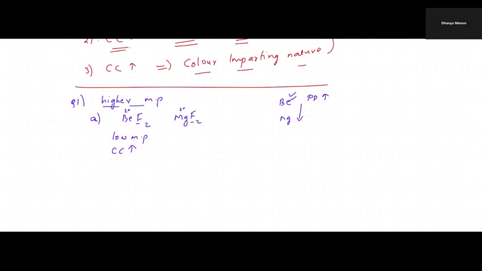I've written down the information, but the sign was wrong. Anyhow, beryllium fluoride has lower melting point. The covalent character is more. But magnesium fluoride has a higher melting point. What about the covalent character? Covalent character is lesser. So who has a higher melting point? The question is who has higher melting point? Magnesium fluoride.